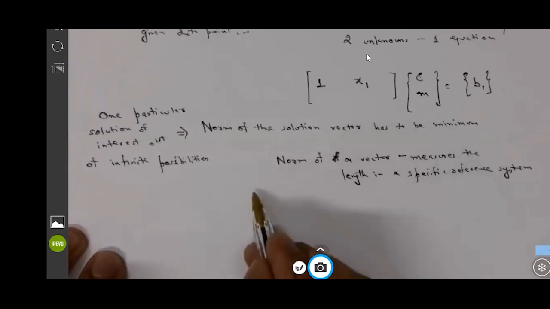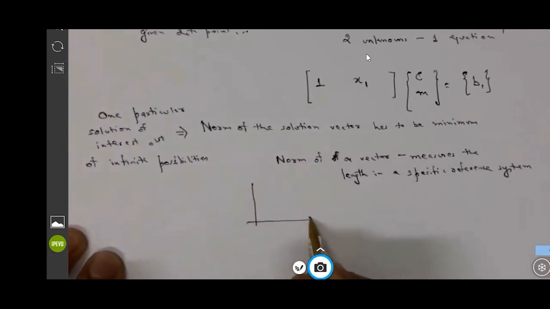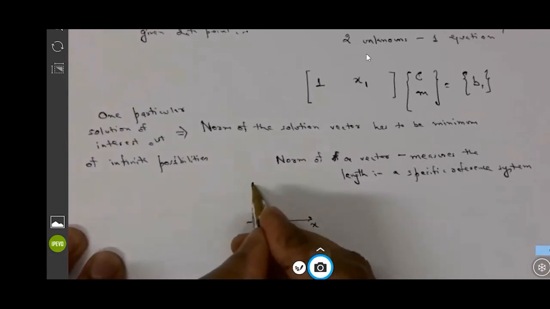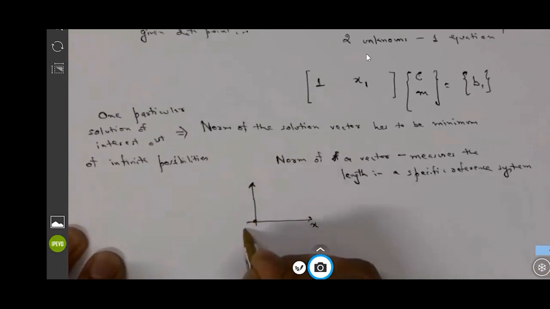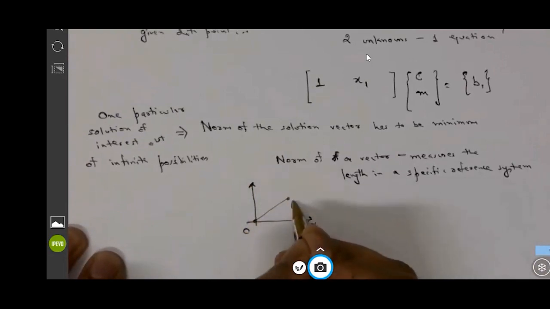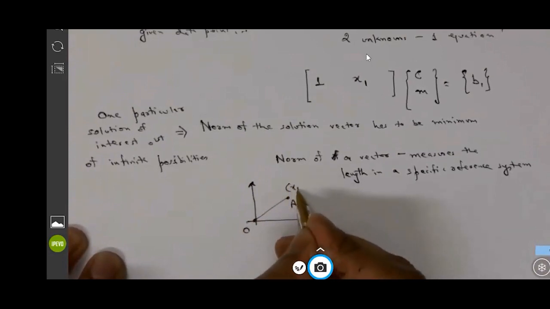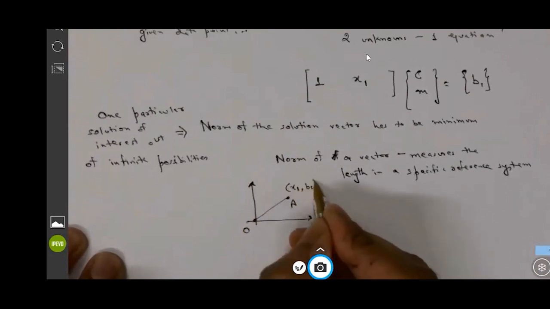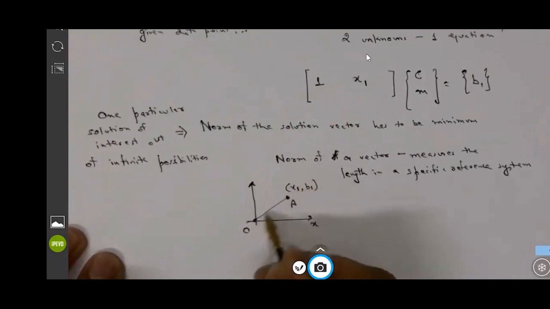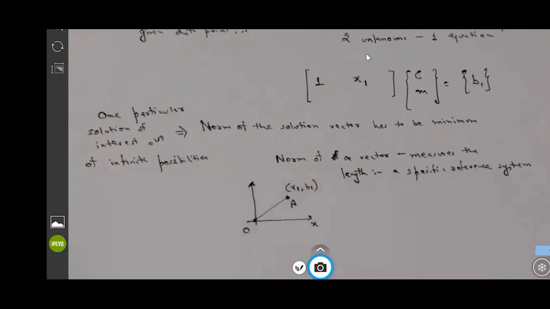So for example, if I have an x and y coordinate system and I have a vector which is given by x1, b1, can somebody tell me what the length of this vector would be?